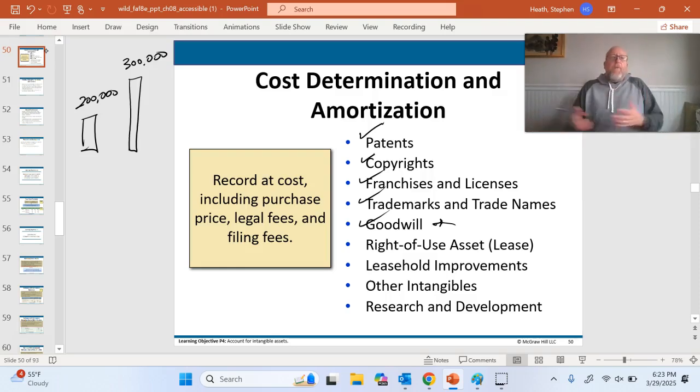And it's all the value of all the intangibles that you just don't really know what they are. Okay. And then leasehold improvements, we talked about it actually at the very beginning of this chapter, where we could add value to a building that we're leasing, or we can improve land and so forth.